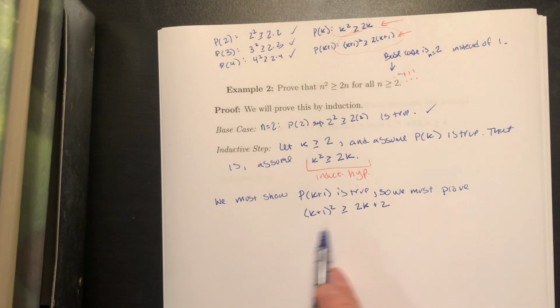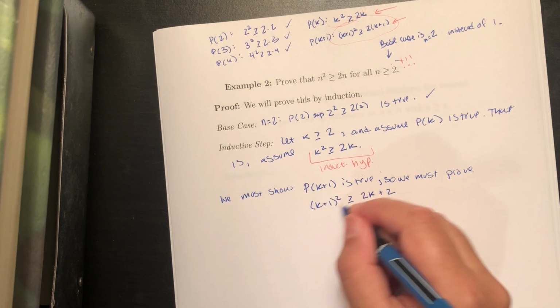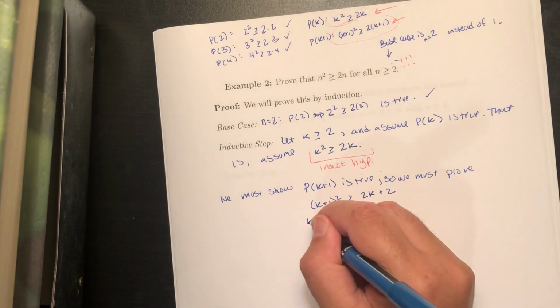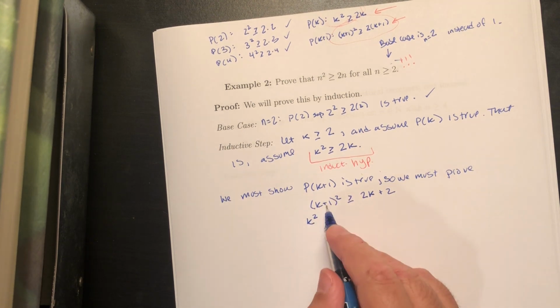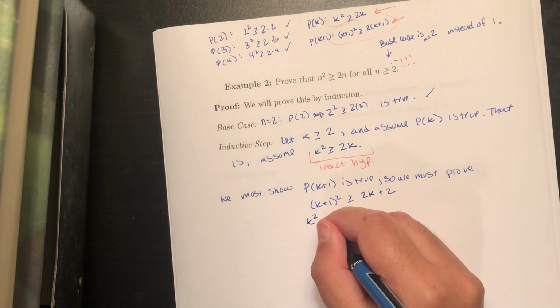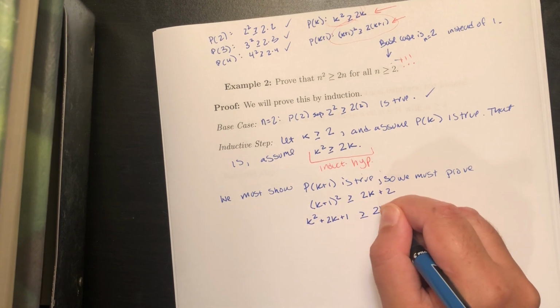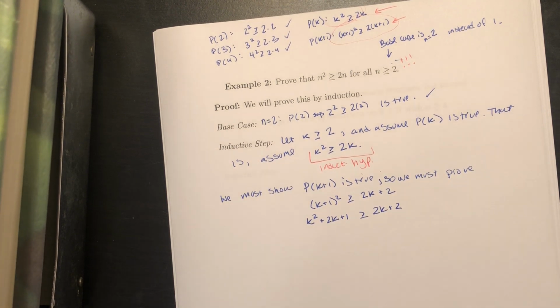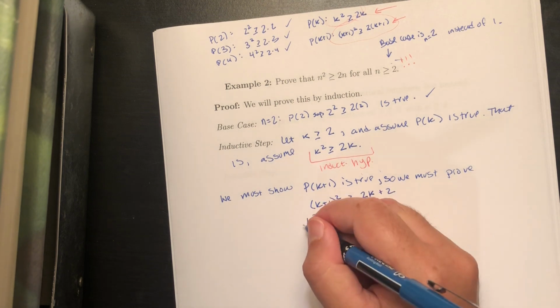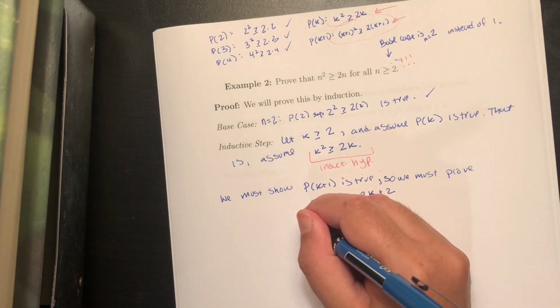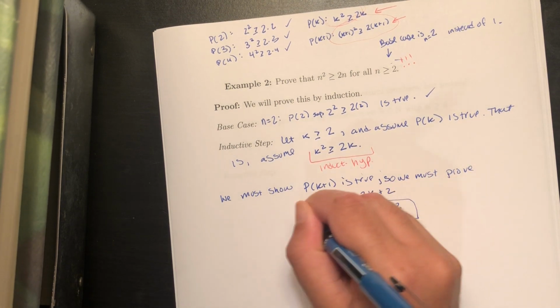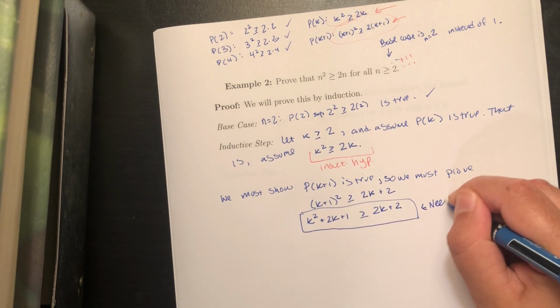And I'm also going to distribute the left-hand side: if I squared this, I'd have k plus 1 times k plus 1, which is k squared plus 2k plus 1. All right, this is what we need to show. I'm just going to put a box around this and say, need to show.